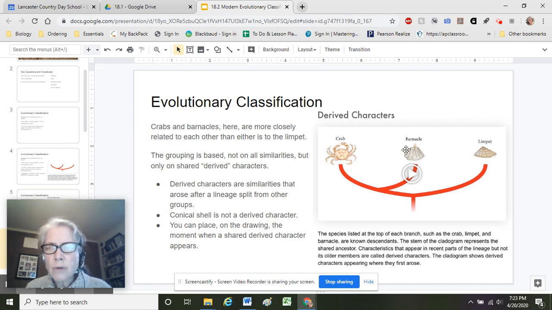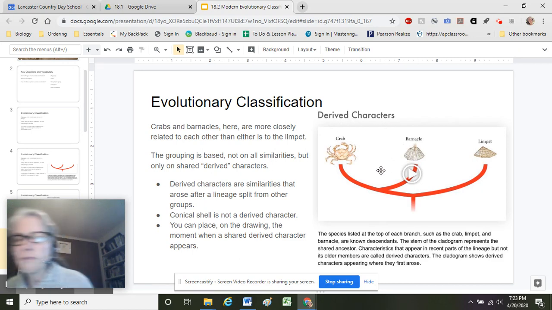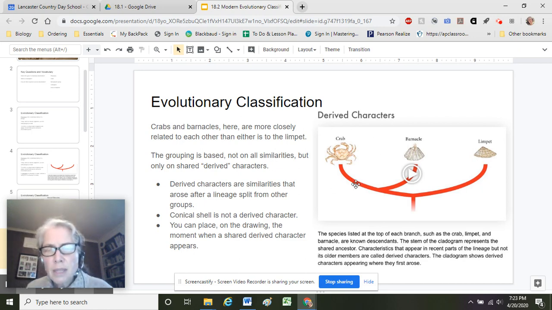So these two animals, for instance, share the following derived character. This one obviously has a jointed skeleton. All of its legs have little joints in it. What's less obvious is that this one does too. In fact, you can hardly see it, but up here at the top where the shell opens, the little animal sticks out its legs as filter feeding tools to grasp food that's traveling by.